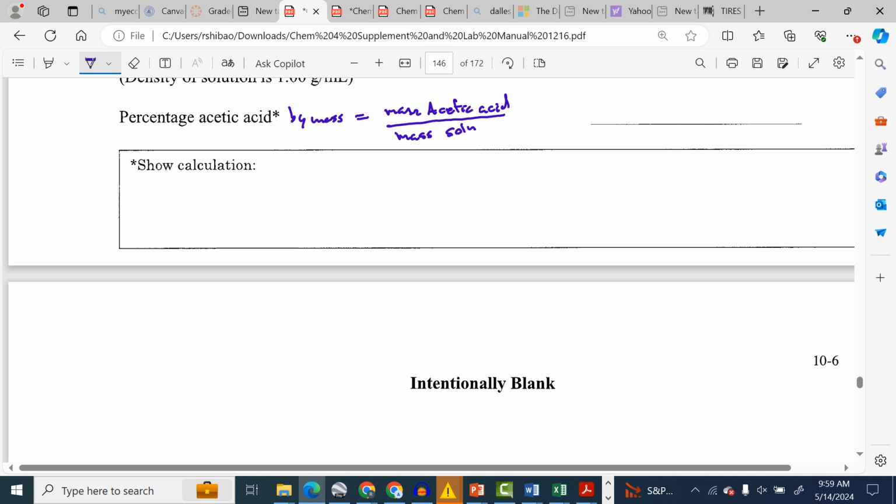This is pure acetic acid. When somebody says acetic acid, are they talking about the acetic acid solution, that is acetic acid mixed with water, or are they talking about pure acetic acid? Well, up here they're talking about the mass of pure acetic acid. Down here they're talking about the mass of the acetic acid solution.